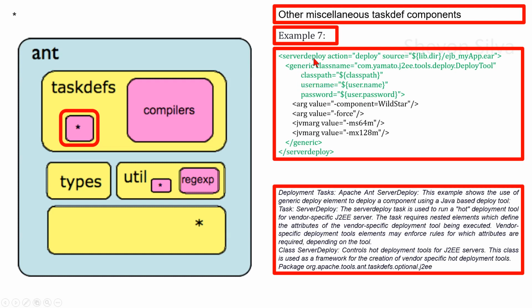The task server deploy is used to run a hot deployment tool for a vendor specific J2EE server.